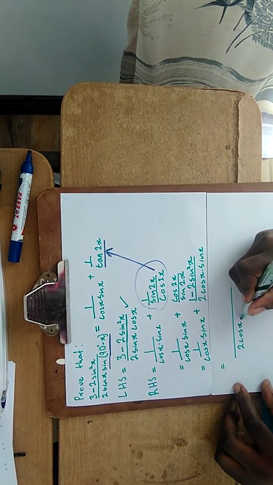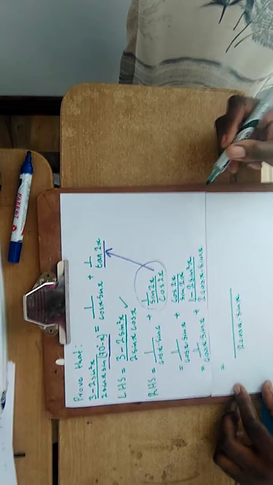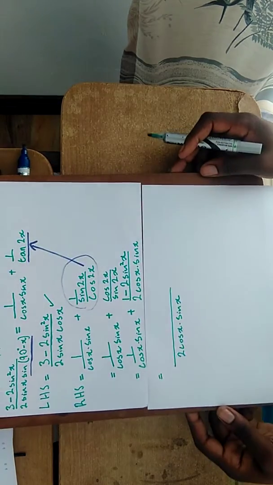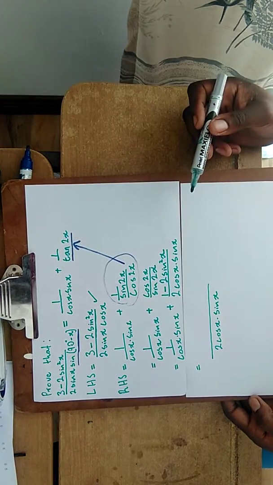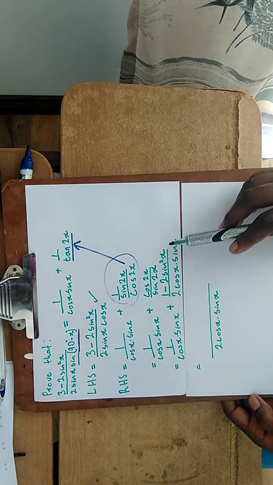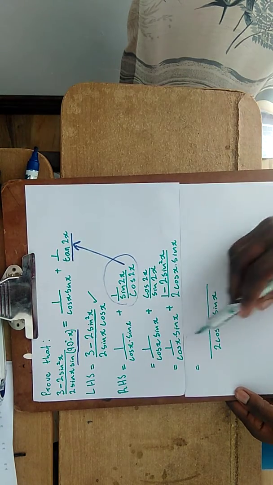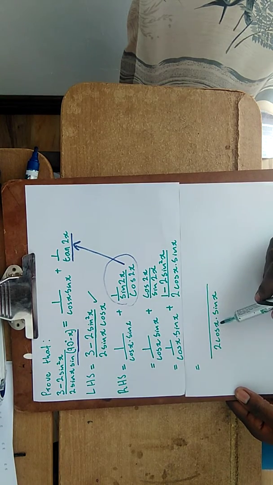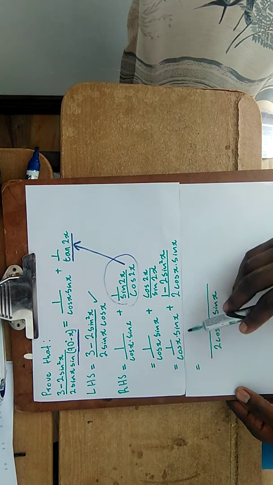And we multiply each fraction by 2 cos x sine x. Cos x times sine x cancels cos x times sine x.